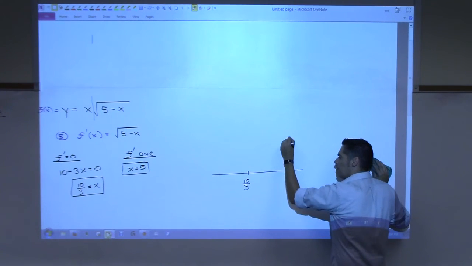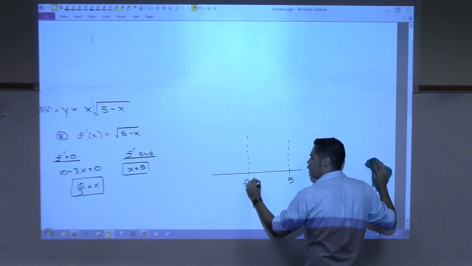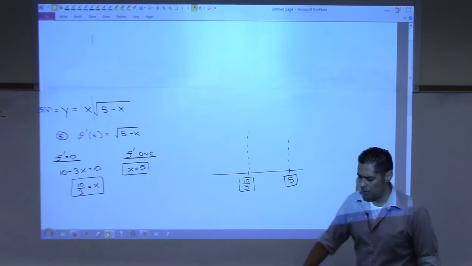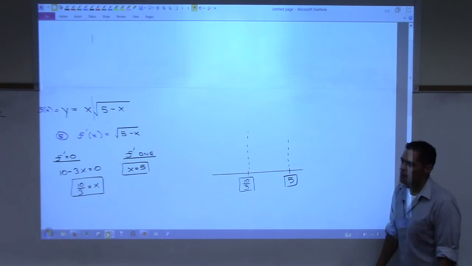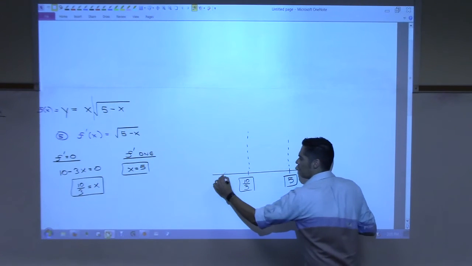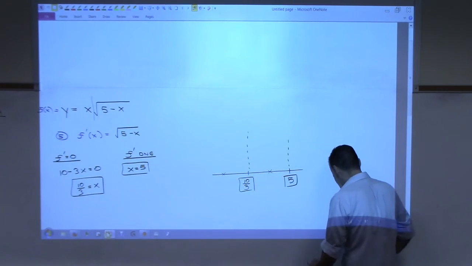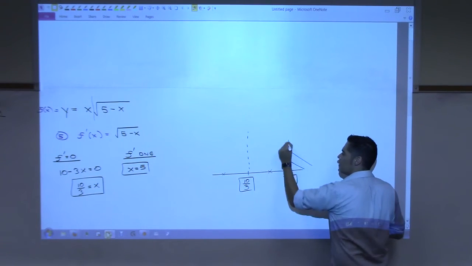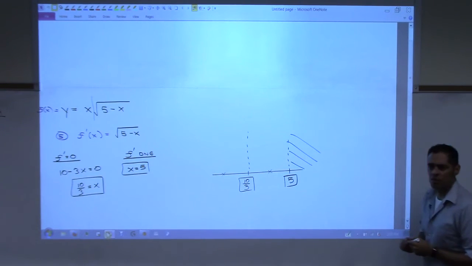This would split up my number line. I can put boxes around these because they are part of our domain, but I only have 2 test points. Something here, and then over here, I'm not even allowed to go here, right? I can't even go into this region. It's not part of the domain of the function.